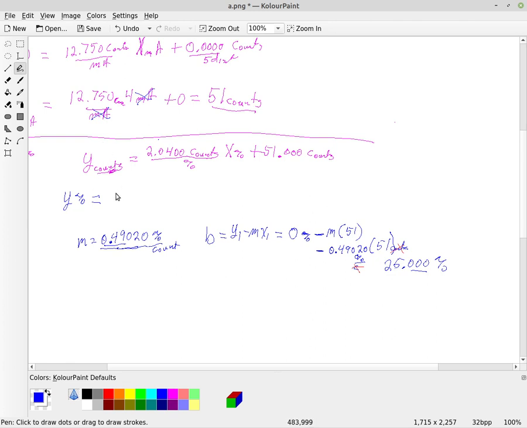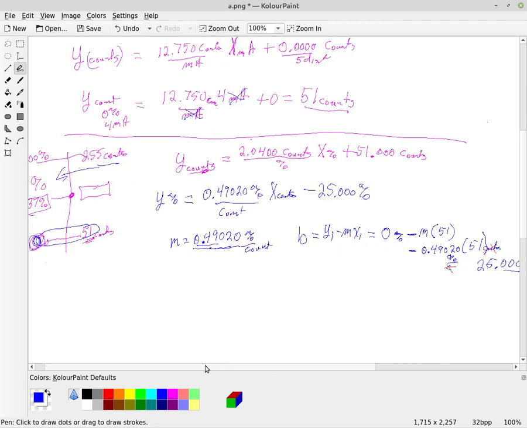The blue is going from counts to percent, and so it's going to be 0.49020% per count times X, however many counts that we need, minus 25%. Okay, so that'll give it to us in percentage.